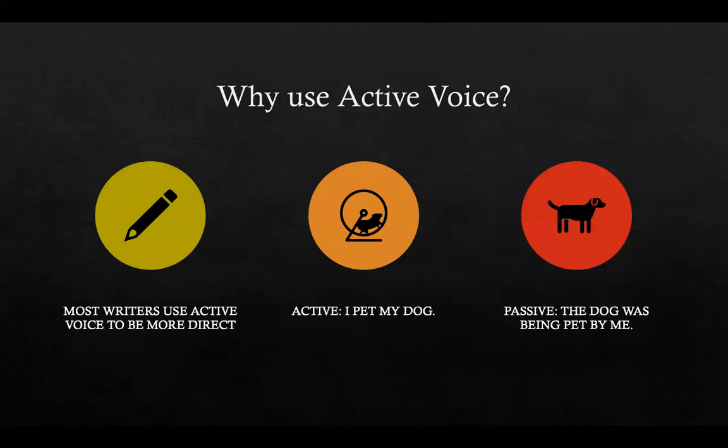So why use active voice? I'm never going to teach you guys something and never tell you why you're going to be using it. So most writers use active voice to be more direct. How I like to explain this is, before colored TVs, we used to watch movies in black and white.